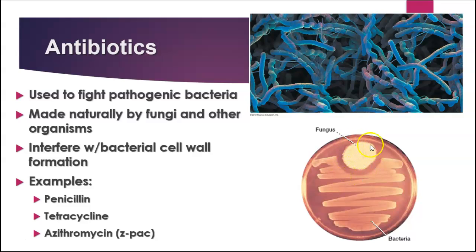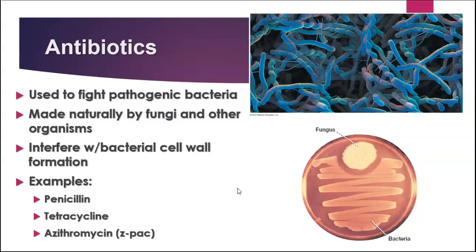Antibiotics were first discovered back in the 1920s, almost 100 years ago now, by a scientist who accidentally left a petri dish with bacteria lying open on his lab bench, and it got infected by a fungus. He saw a clear area around the fungus where the bacteria weren't growing. He wondered what was there, and that was where they were first discovered.